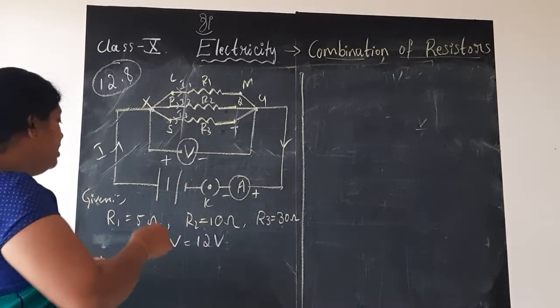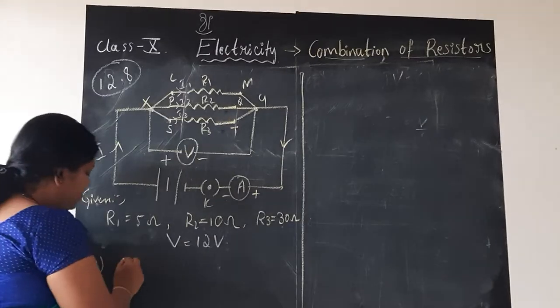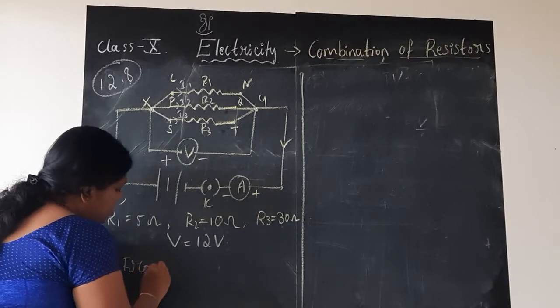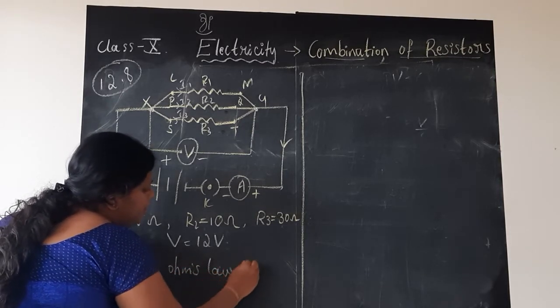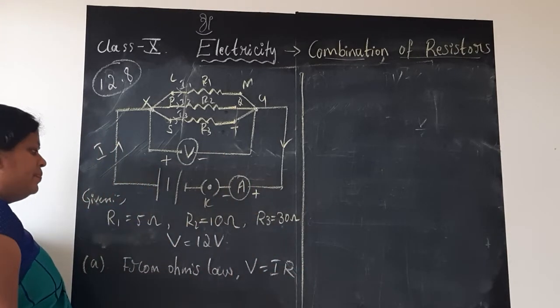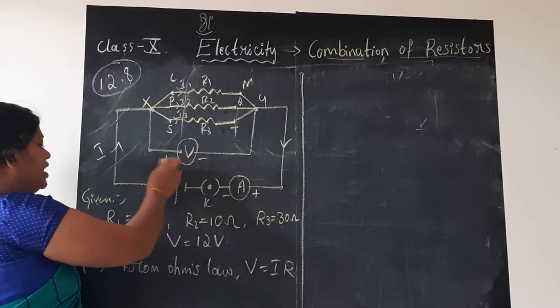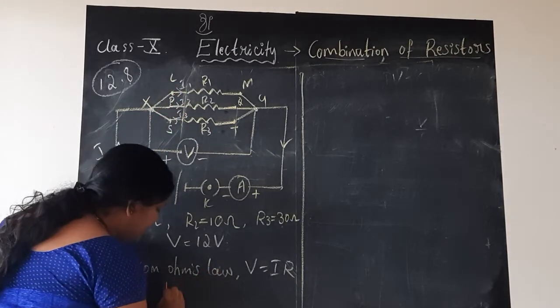But mathematically, how will you find it? Obviously, we depend on Ohm's law. From Ohm's law, we know that V is equal to I into R. Here they are asking us to find I1, I2, I3. What will be I in general?